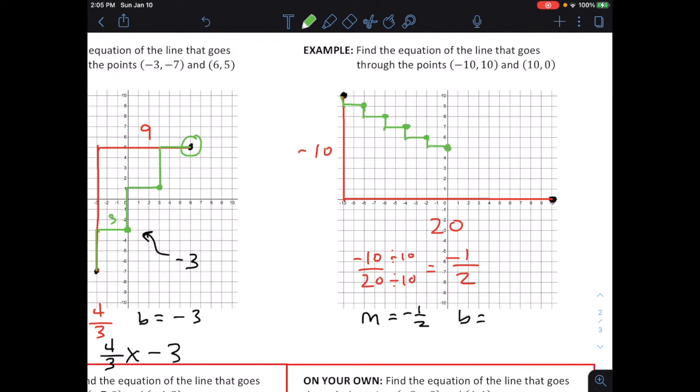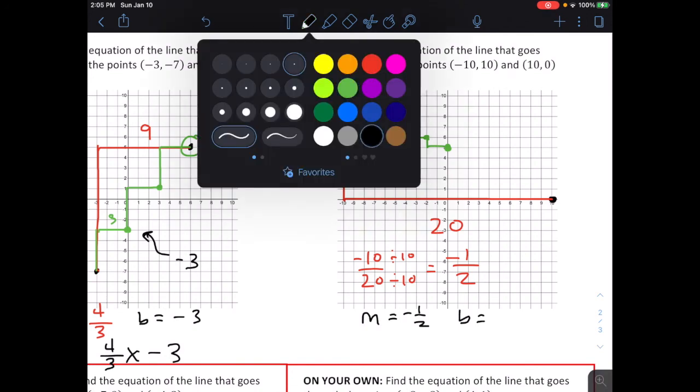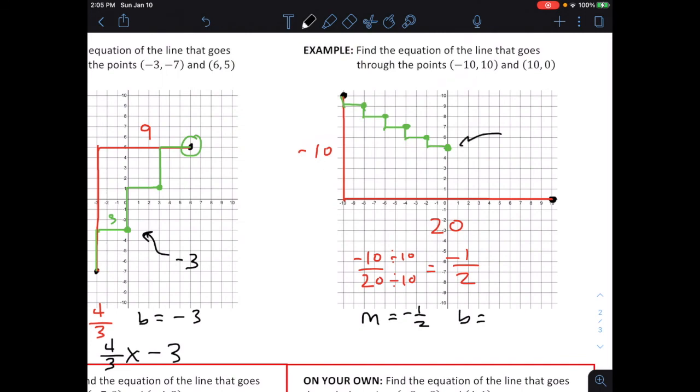I'm going to stop, but you can see if you line these green points up with the two black ones that we're eventually going to hit that second black point down there at 10, 0. But in this case, my y-intercept is positive 5. So b is 5, so I can write my equation as y equals negative 1/2 x plus 5.